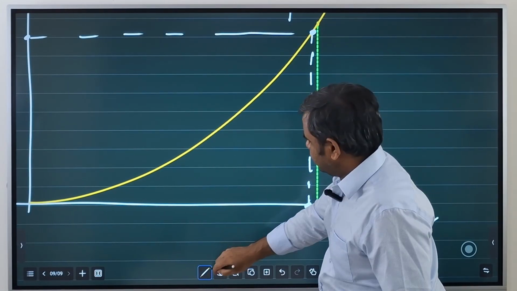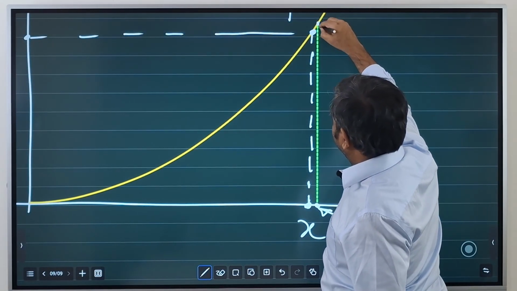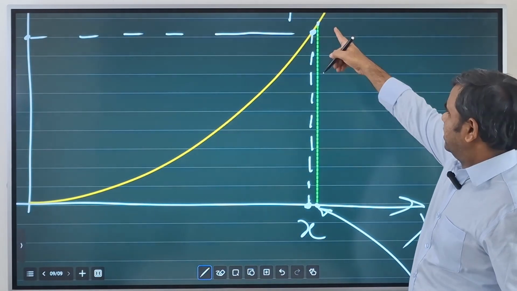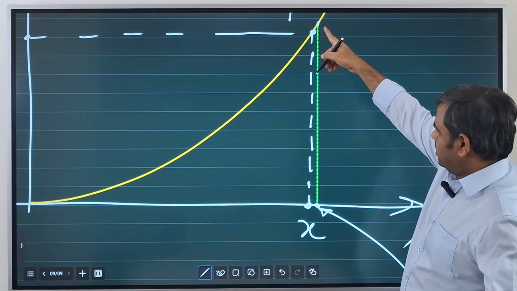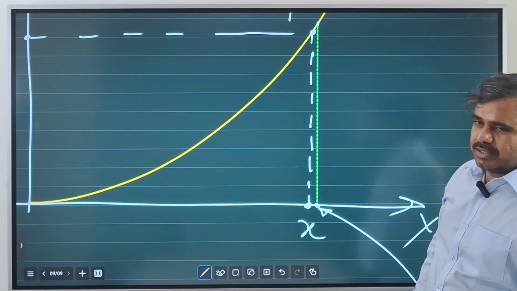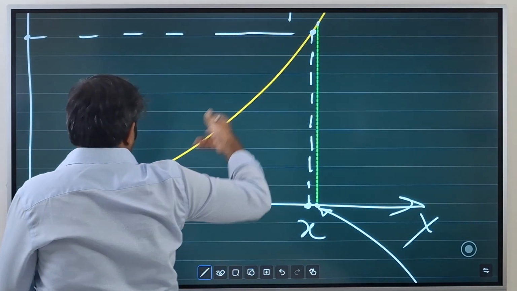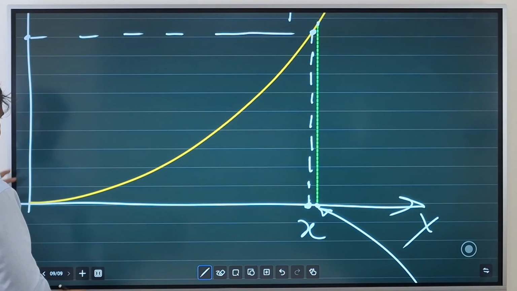Look at this point here. That point has the y coordinate y plus dy and the x coordinate x plus dx. Now draw a secant line passing through those 2 points that are very close to each other.